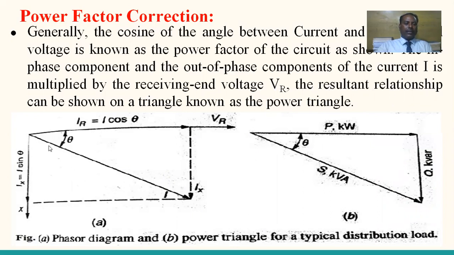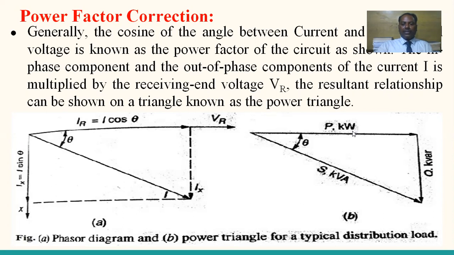See here, this is the receiving end voltage, and the in-phase component IR is equal to I cos theta, and the out-of-phase component is Ix, which is I sin theta. These two are to be multiplied with the receiving end voltage, and we will have a triangle which is known as the power triangle.